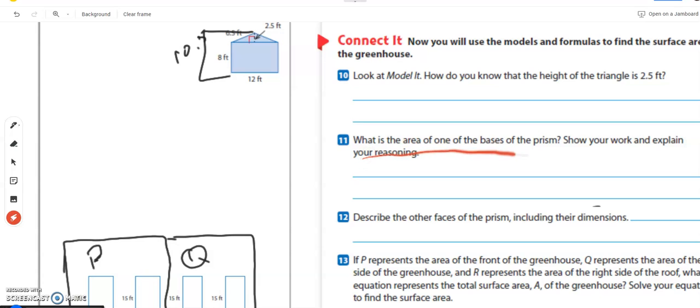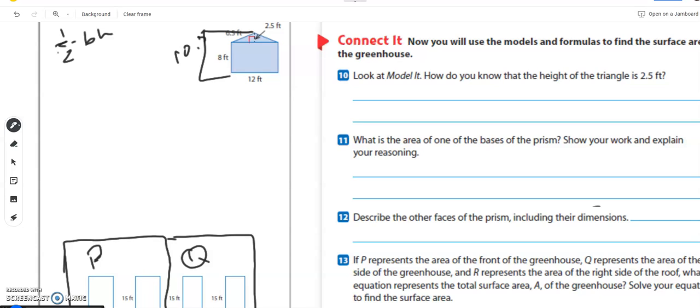What is the area of one of the bases of the prism? Show your work and explain the reason. Okay, we know the area of the triangle is 1/2 base times height.